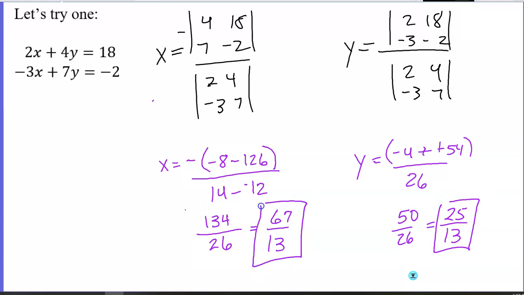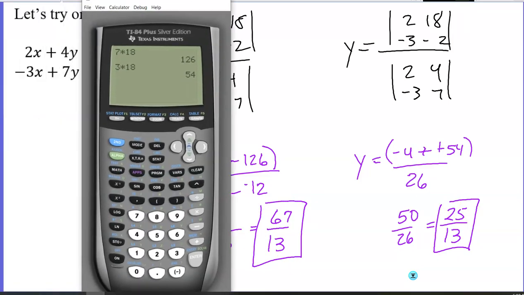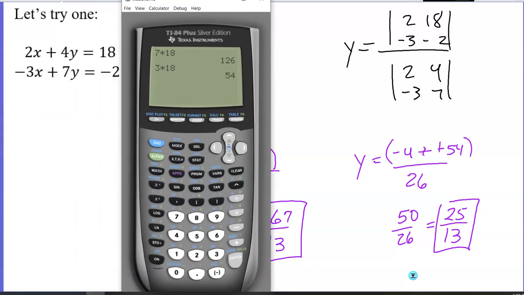And then we could, of course, check our solutions. I think one of the easiest ways to check your solutions would be to just plug them back in. So by that I mean, I'm going to plug in 67 over 13 for x, so 2 times 67 over 13 plus 4 times 25 over 13.